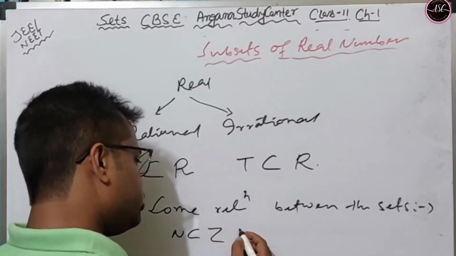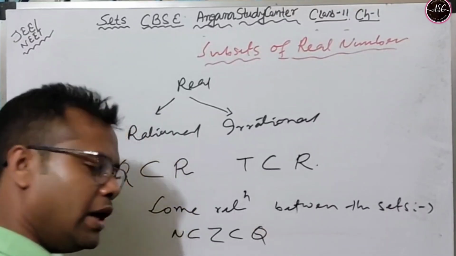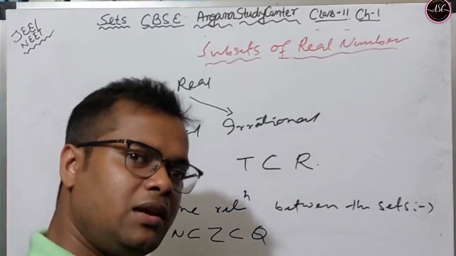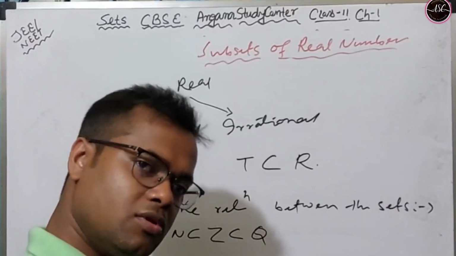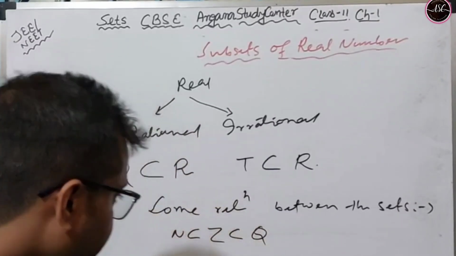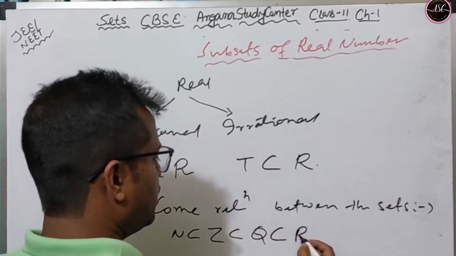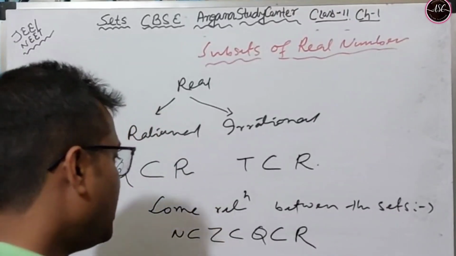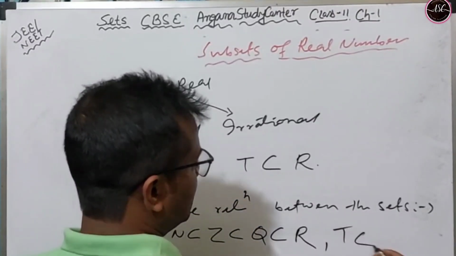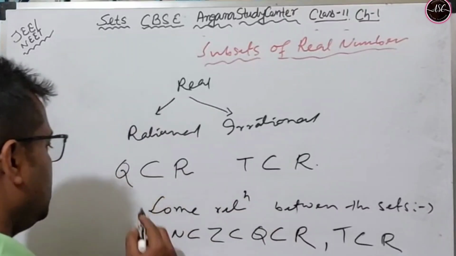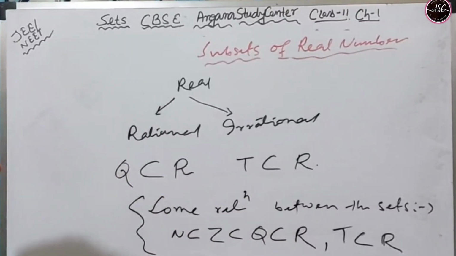Then Z is also a subset of Q. Rational numbers can be represented by p by q, but q not equal to 0. Then Q is a subset of R, and T is also a subset of R. This is very important.